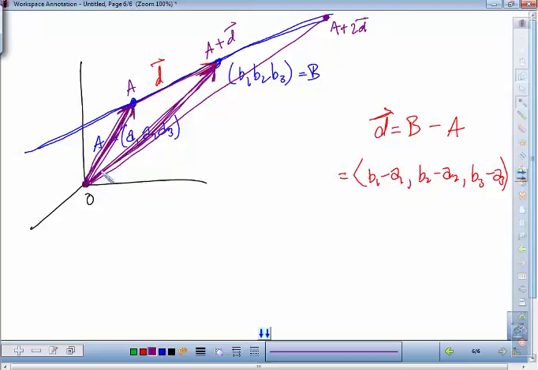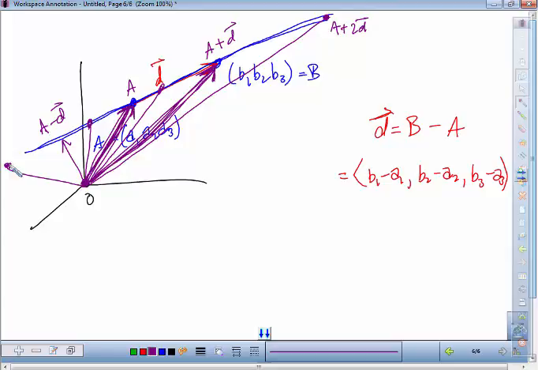And if I take A and add negative D to it, I would still be on that line. If I take A and add half of D to it, if I take A and subtract half of D to it, if I take A and subtract 2D, I would be somewhere on this line.